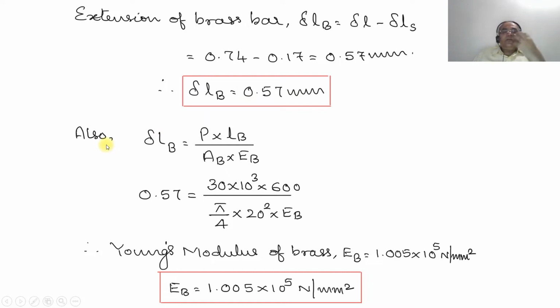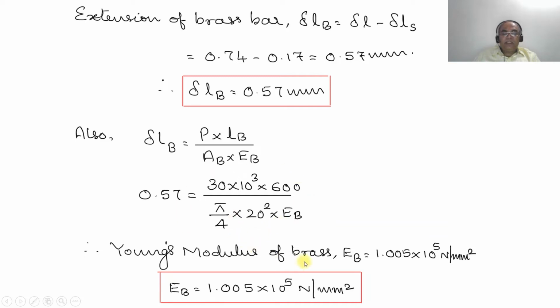What we need to find out is the Young's modulus of the brass bar. We know that delta LB is equal to P into LB divided by AB into EB. The change in length of the brass bar, 0.57, will be equal to P, 30 kilonewton applied, 30 into 10 to the power of 3, into the length of the brass bar, 600, divided by the area of the brass bar, pi by 4 into 20 square, into the Young's modulus of the brass bar, which we need to find out.